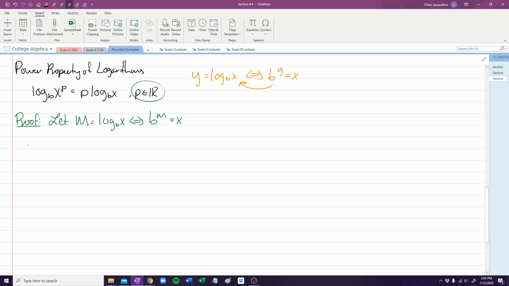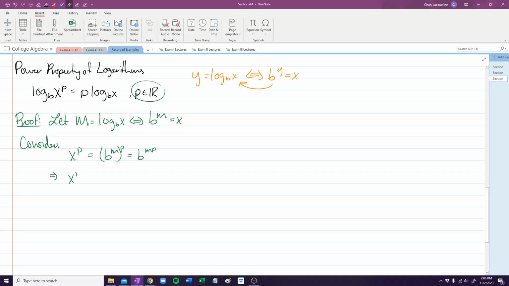So we want to consider, or I used observe before, so I can change up my wording, say consider. We're going to look at x to the p. But what is x? x is b to the m, to the p. So, as for the exponential properties, this is b to the mp.